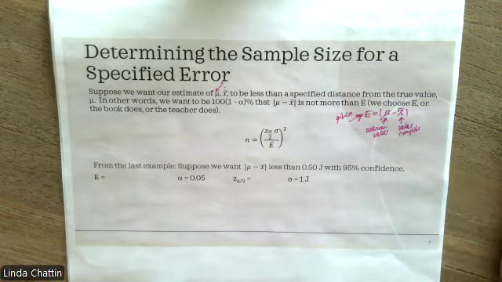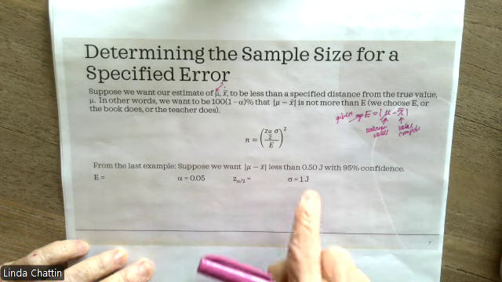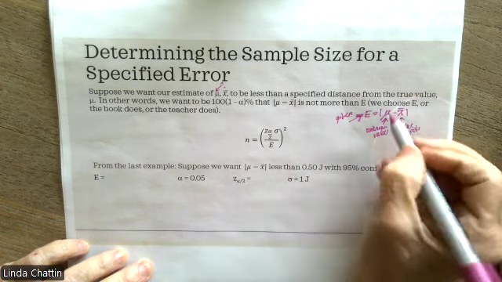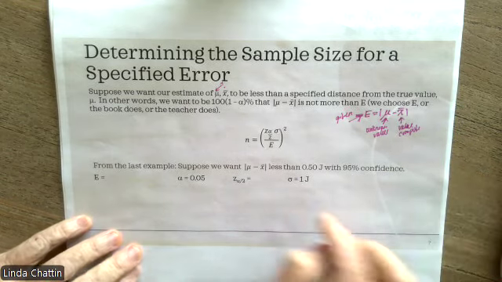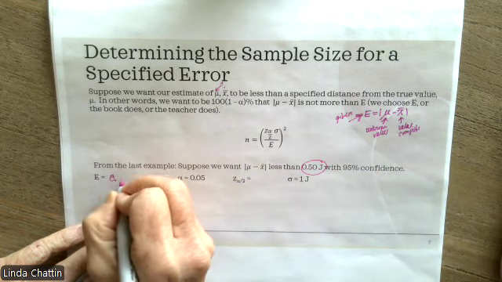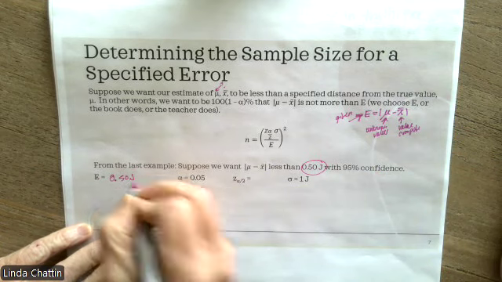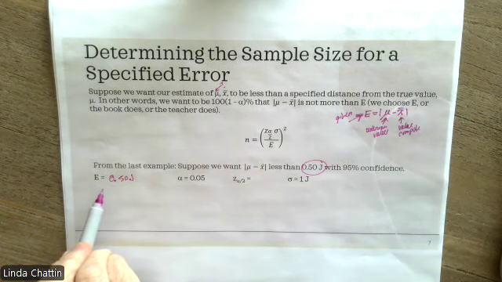So let's suppose it was the previous example, okay? So suppose that your boss says to you, hey, how big should N be if we want to be close within 0.5 joules of the true population mean? So E here was given to us as 0.50 joules. See, we don't need to know what mu is in order to have a desired E, okay?